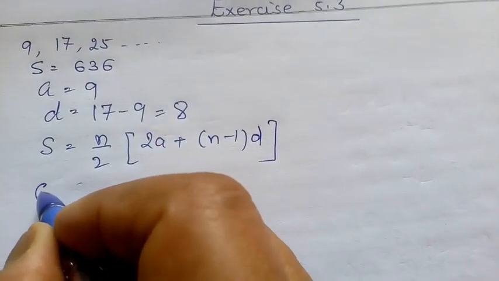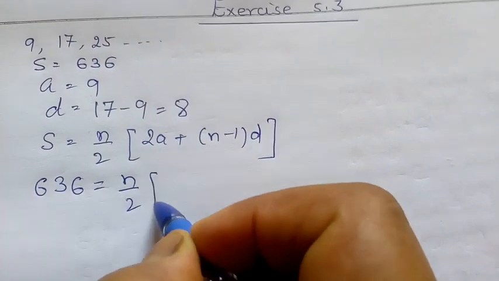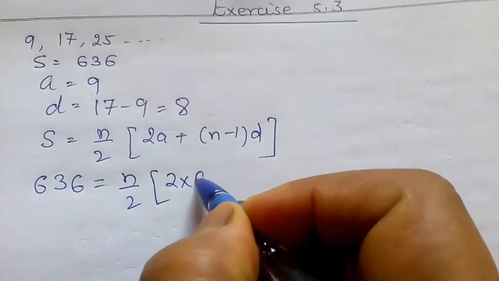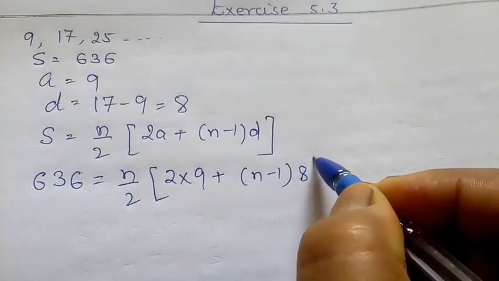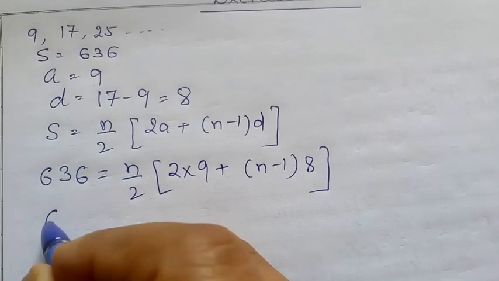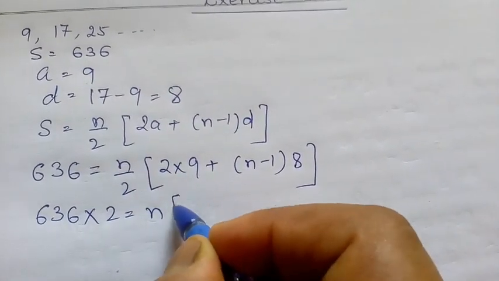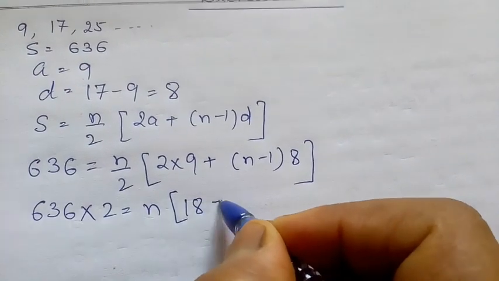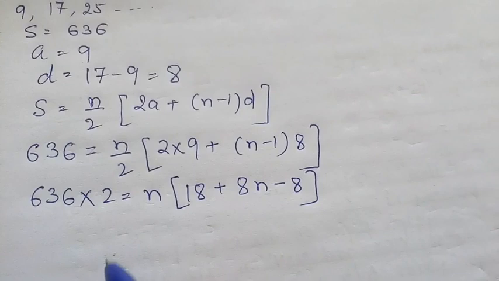Sn is 636, n by 2 into (2 into 9 plus (n minus 1) into 8). Simplify this, cross multiplied by 2, 636 into 2, n into 18 plus 8n minus 8.